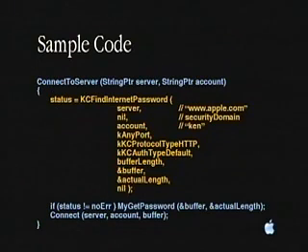I can pass in a particular protocol type that I'm interested in finding, and an authentication type constant there. And then I pass in a pointer to a buffer that I provide, and the length of that buffer. If this call is successful and it actually does find a password, it will fill in the buffer with the password and return no error.